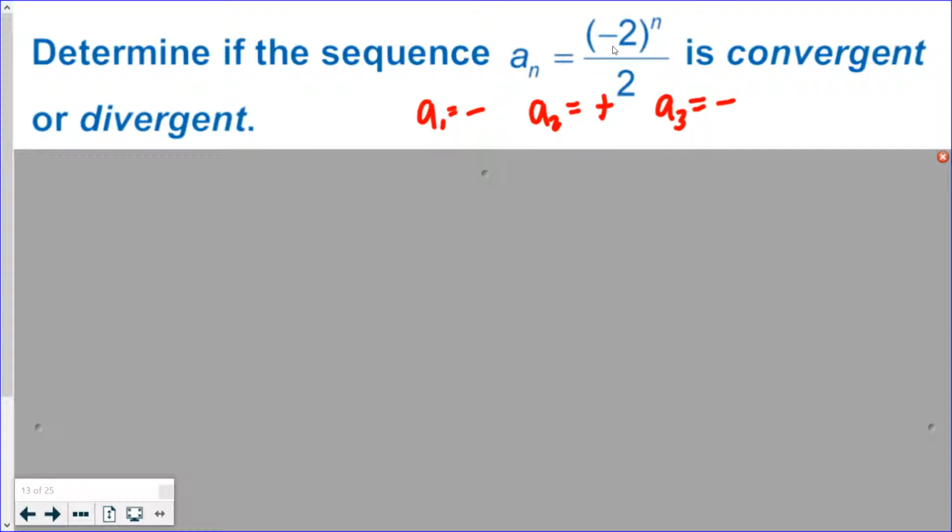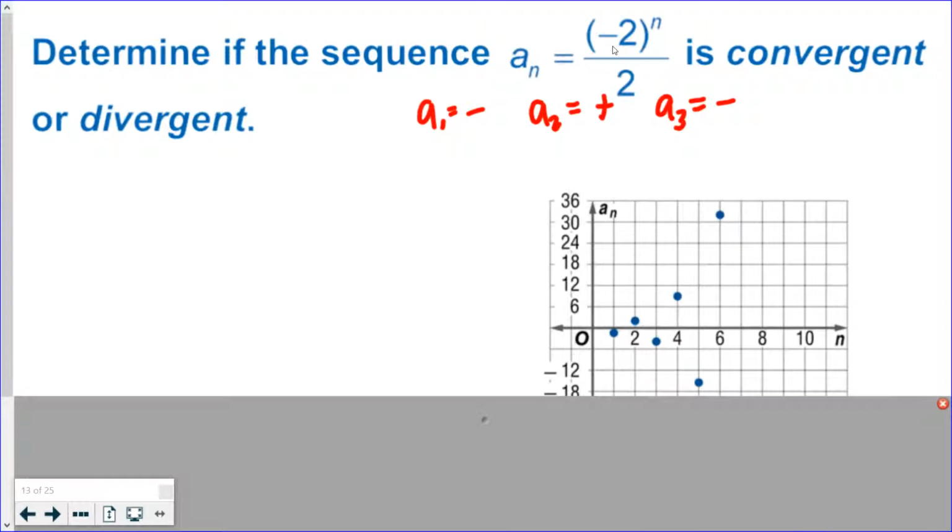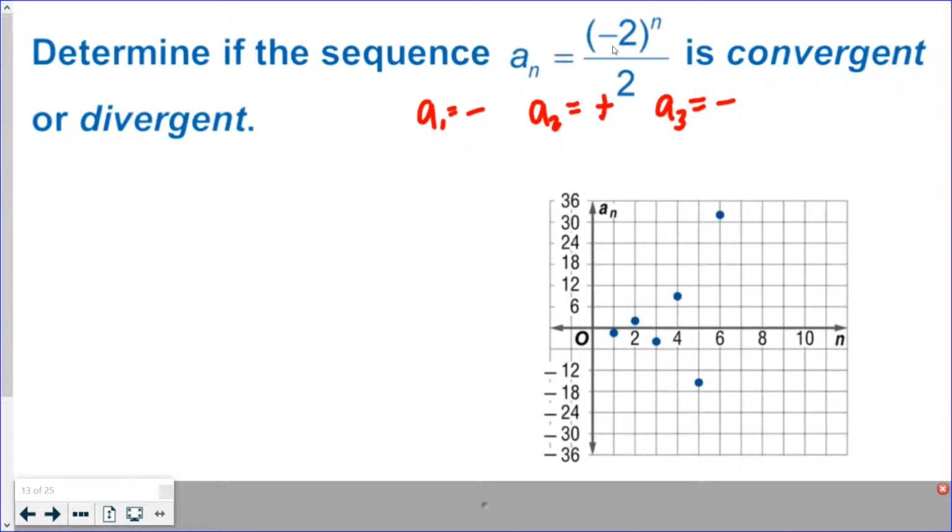So it's another alternating sequence. And let's see what this one looks like when we plug in some values. Notice for this one, we start off small here, and then we go to a positive and then negative and positive and negative, but now we're pulling away from that 0 line. And so this would be an example of a divergent sequence.